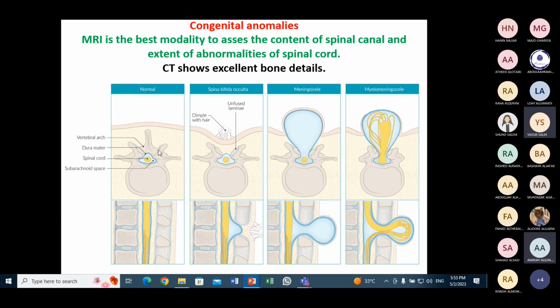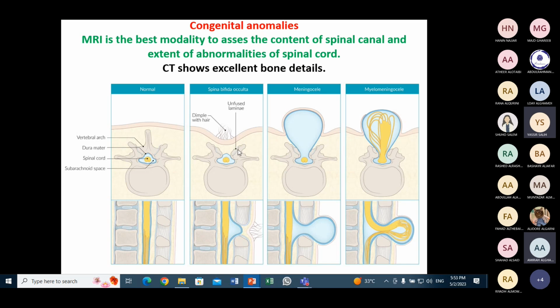We said we have two laminae that join to form this spinous process, and this is the spinal cord in the center, this is the arachnoid space, and this is the CSF. This is a normal spinal cord, and this is a normal posterior arch of the spine.